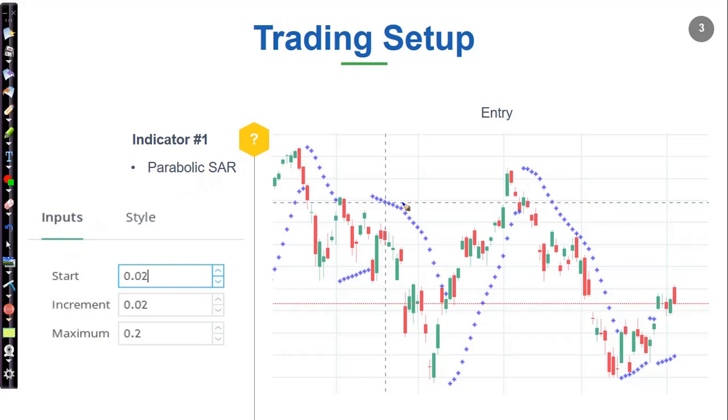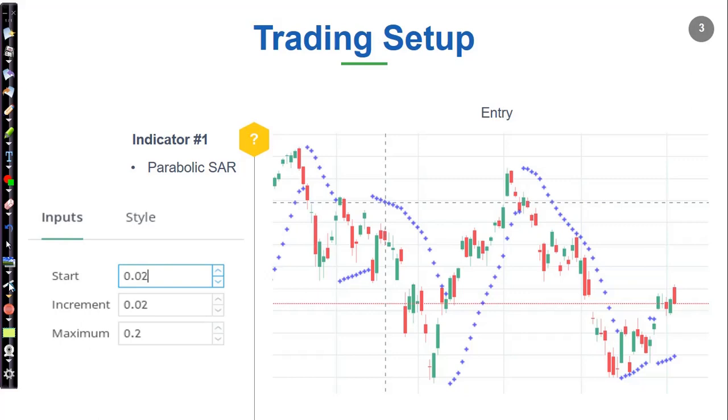Alright, so this is the parabolic SAR, and this is the setup. Basically I'm looking for a buy or sell after a parabolic SAR appears on a candle in a specific direction.